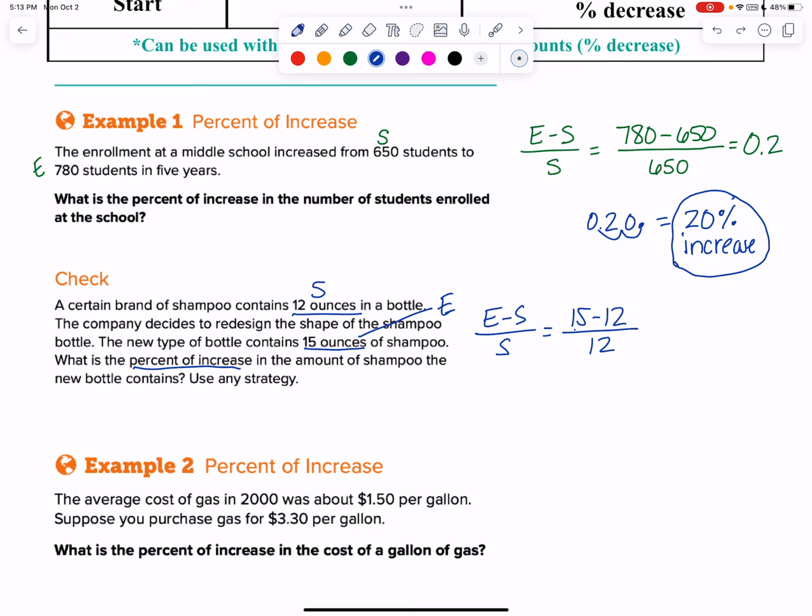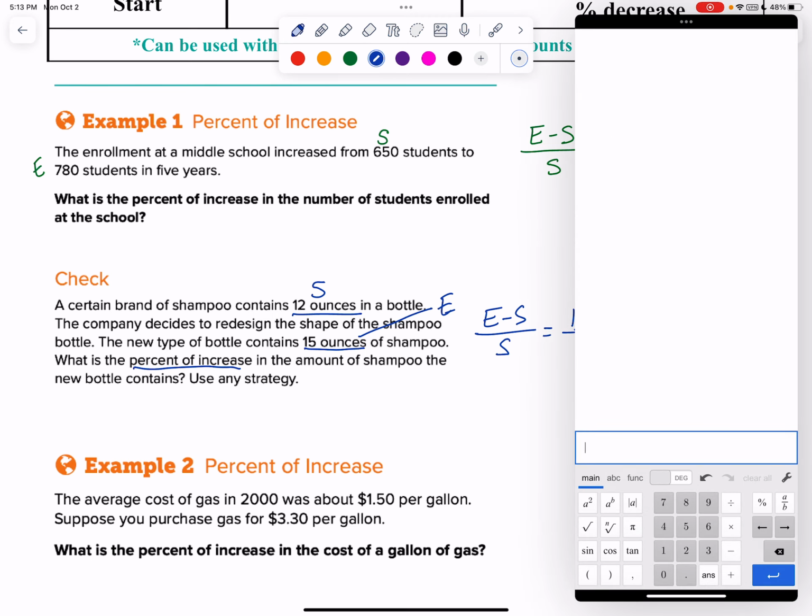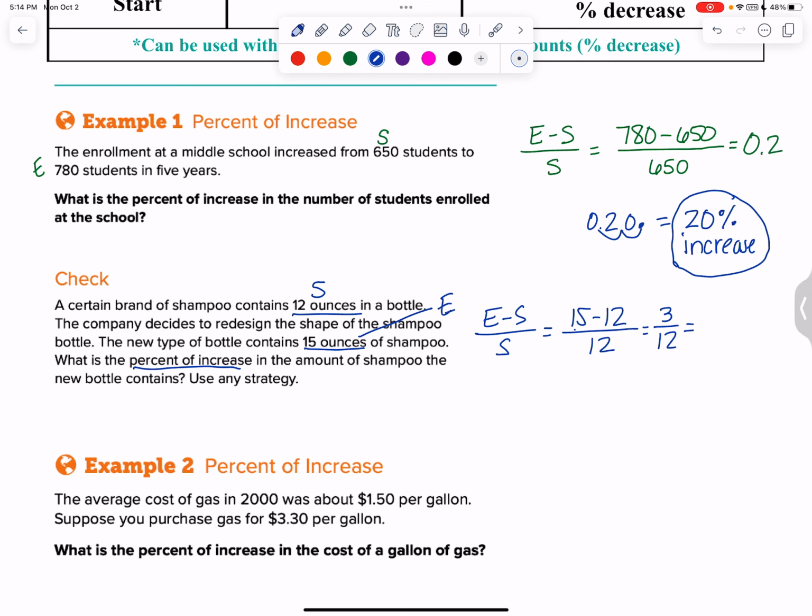So we have 15 minus 12 is 3, right? And so we have 3/12. And what is 3/12 as a decimal? Well, let's see. 3 divided by 12 is 0.25. That's the decimal. Now we need to change it to a percent. How do we do that?